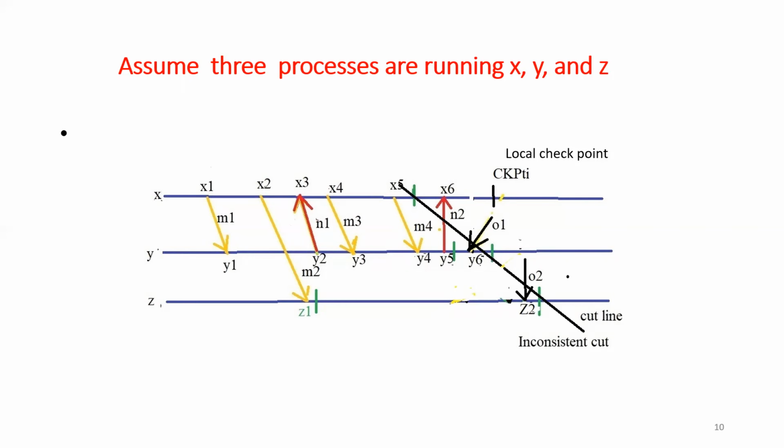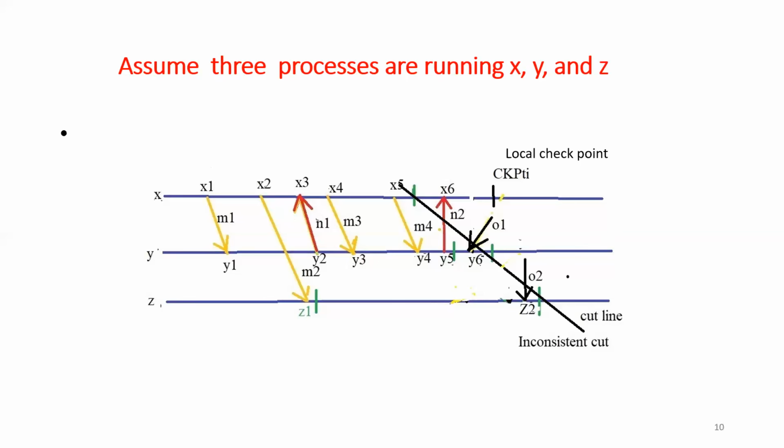These 3 messages are sent by X to the process Y. And X sends the message M2 to Z. There is one message transferred from process X to Z. And there are two messages sent by the process Y to X, N1 and N2, shown in red line.